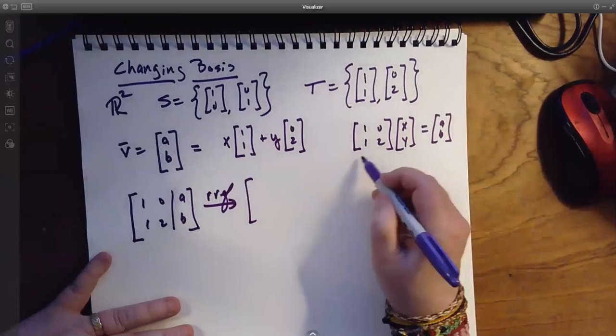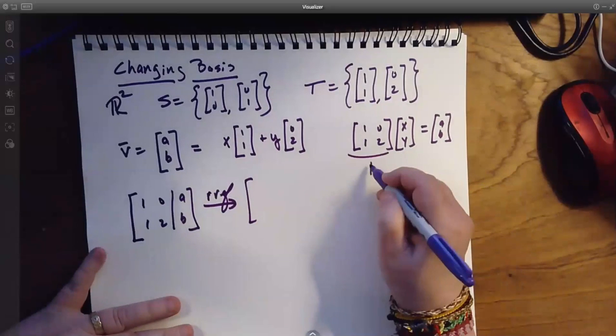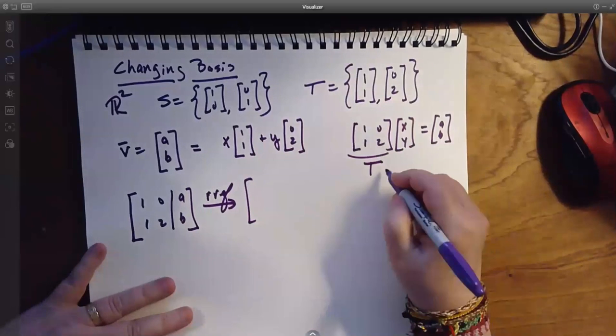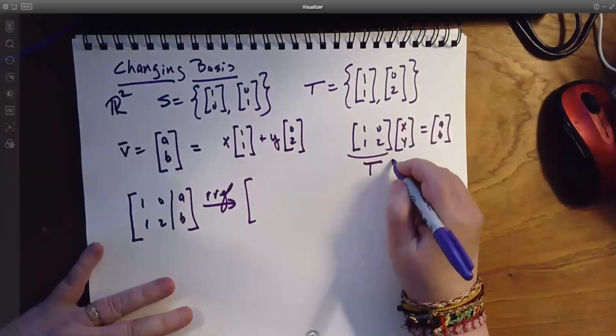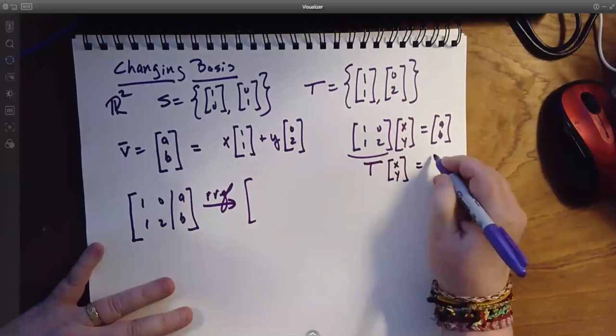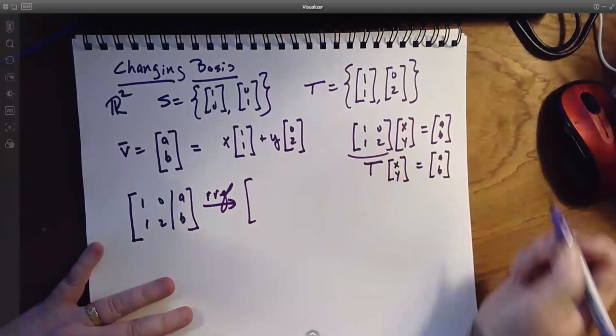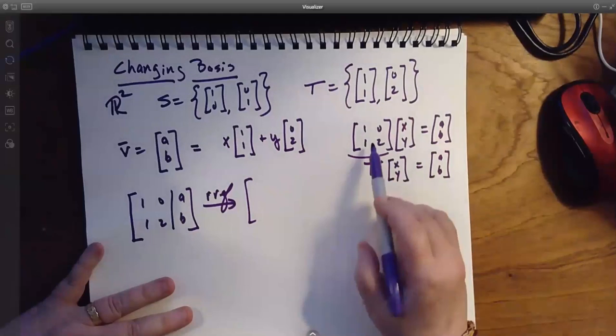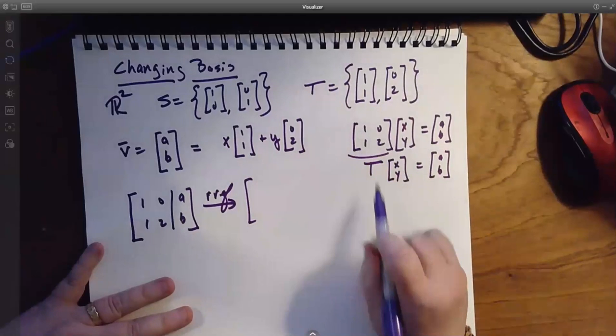I'm going to call this matrix T because I have no imagination and that's the name of the basis. So T times (x, y) has to give me (a, b). And T is invertible because these vectors are linearly independent. So T has an inverse.